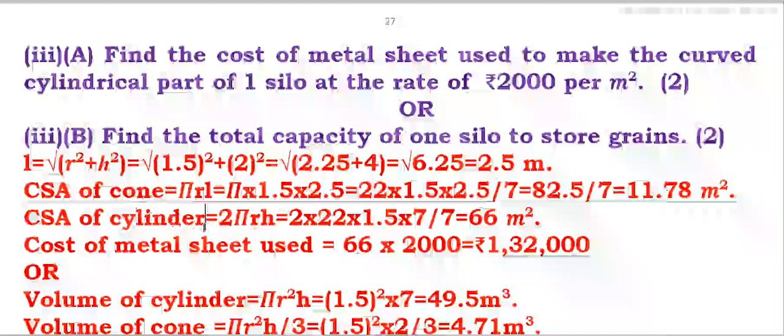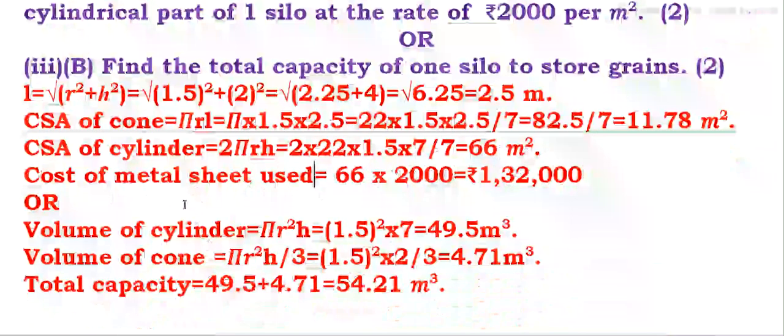Curved area of the cylinder is 2 pi r h. Here again put the values, it will be 66. Metal sheet used to make the cylinder, 66 into 2000, that is 132,000 rupees. Volume of the cylinder is pi r square h.